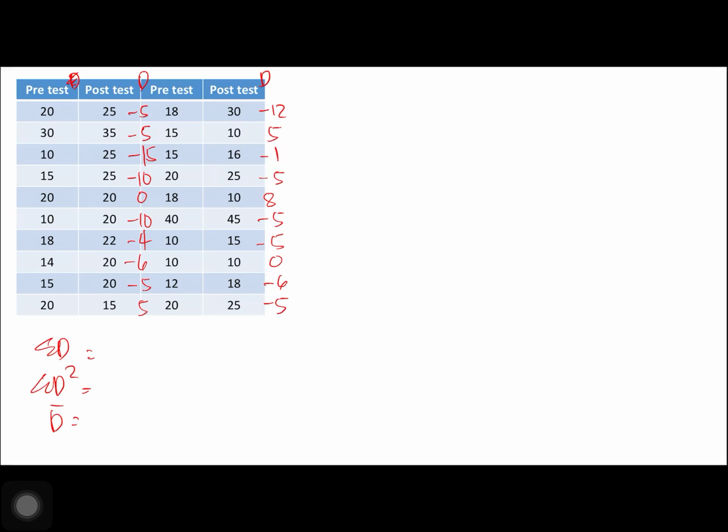So we have negative 5, negative 5, negative 15, negative 10, 0, negative 10, then negative 4, then negative 6, negative 5, 5, negative 12, 5, negative 1, negative 5, 8, negative 5, negative 5, 0, negative 6, negative 5.